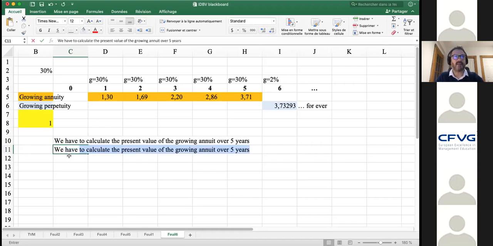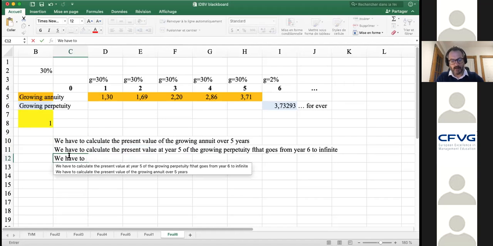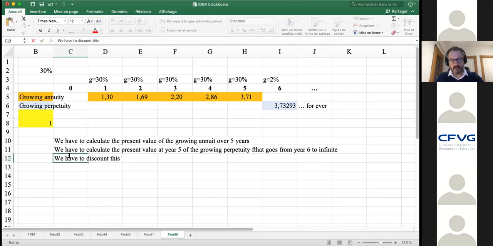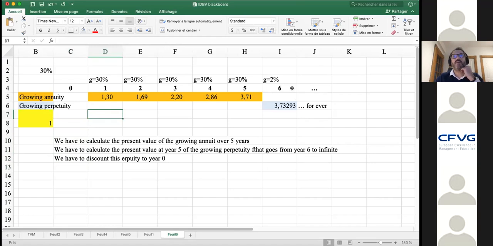And then we have to calculate the present value at year 5 of the growing perpetuity that goes from year 6 to infinity, and we have to discount this perpetuity to the year 0, because this perpetuity will be here.